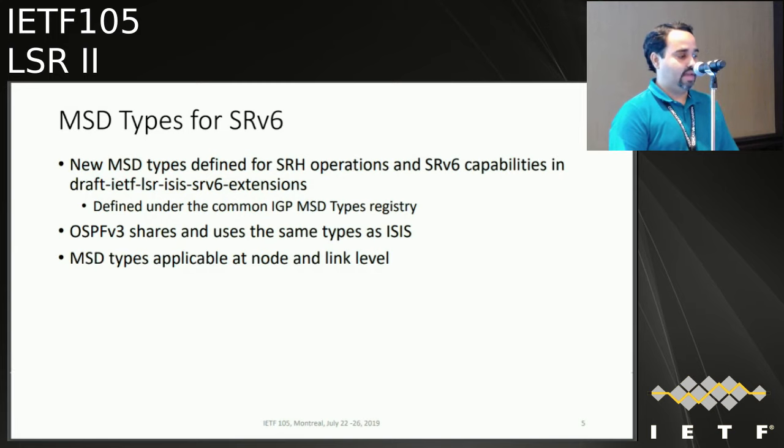For the MSD types, we have a few of them that describe the node's capability for various SRH operations. These have been defined already in the ISIS draft, and the types are shared between ISIS and OSPF. So those MSD types are applicable in OSPF v3 as well.